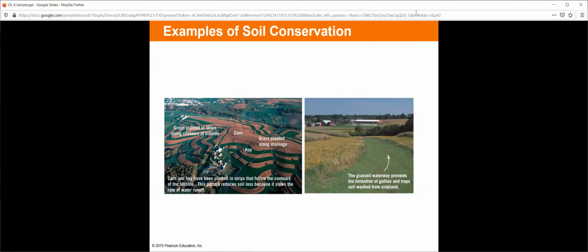Here we can see crops planted in strips along the contours of hillsides, taking advantage of the natural topography of the region, with grass planted along drainage, things along that line. That way, if you do have a heavy rainfall, you're not necessarily going to be losing a lot of topsoil, and your plants aren't going to be taken away along with it.